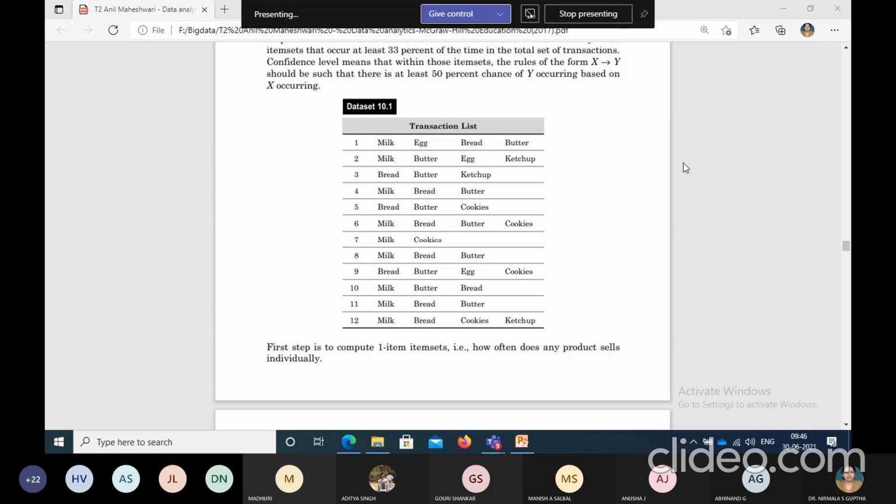Let me start with one item selling, then we will go for 2 items as the combination, then 3, then 4. Earlier I mentioned that the Apriori algorithm uses a bottom-up approach, and the size of the frequent item sets is gradually increased: from 1 item to 2 items, from 2 to 3, then from 3 to 4. Are you getting my point?